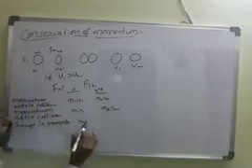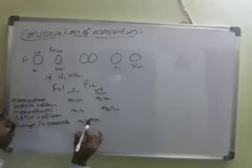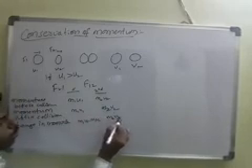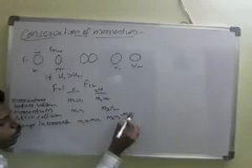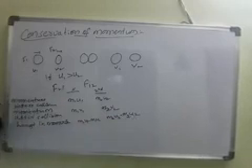So it is m1 v1 minus m1 u1, and m2 v2 minus m2 u2.